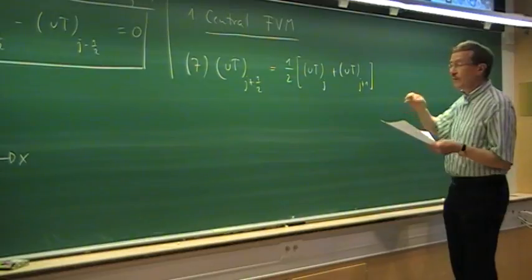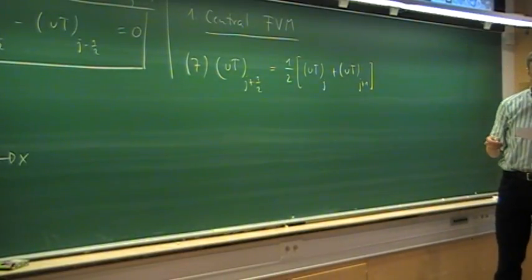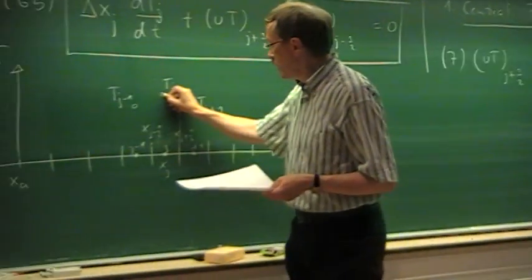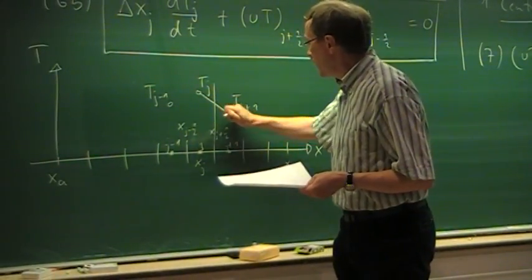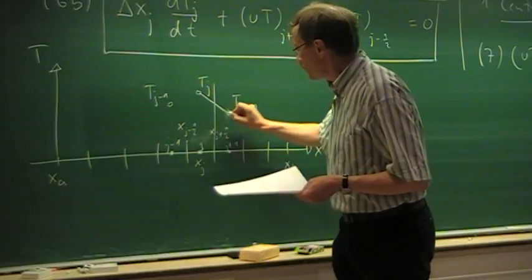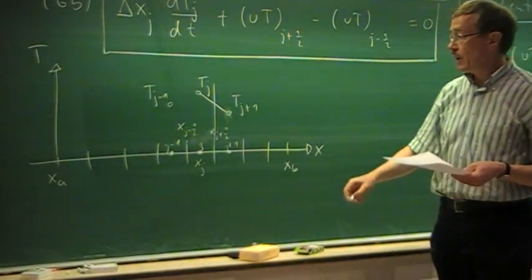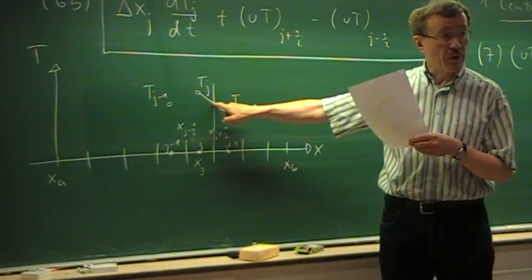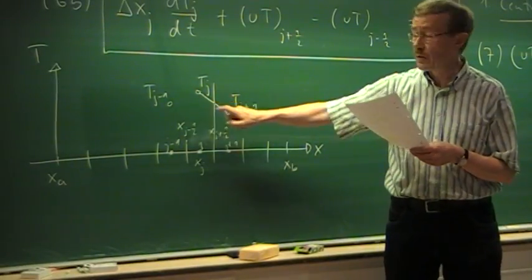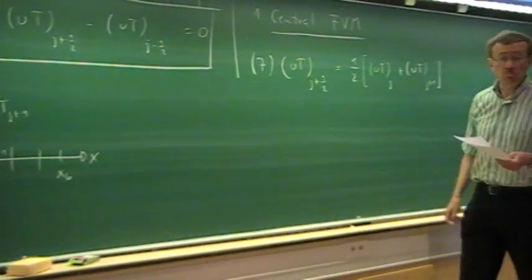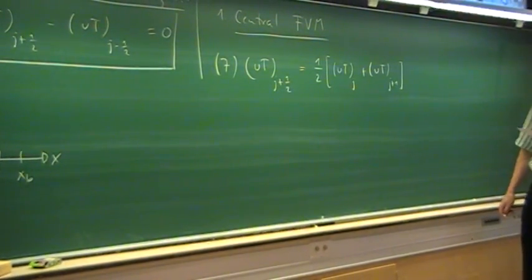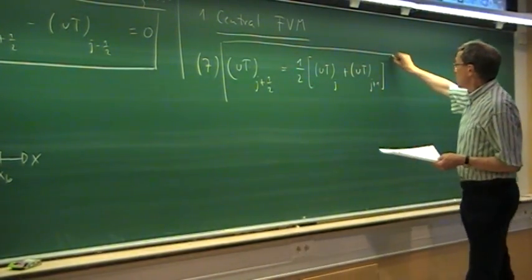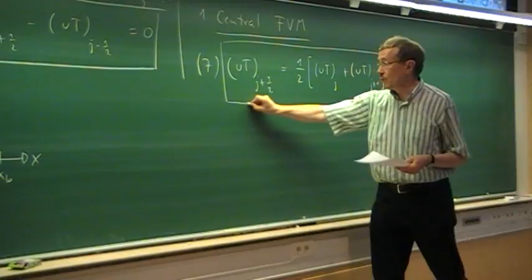So we take simply the arithmetic average. And that is motivated just when we draw a line, if we connect the values at the cell j and j plus 1, then that would give us the mean. And remember, the u in our case is just constant. So it's somehow intuitive, but it turns out it has some properties that do not make it very suitable.